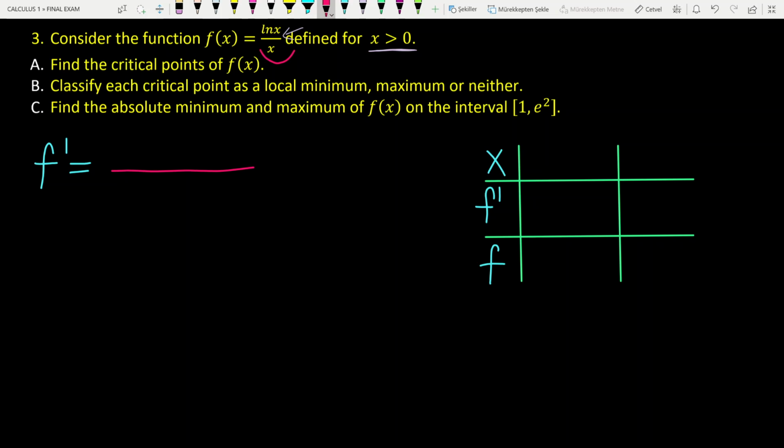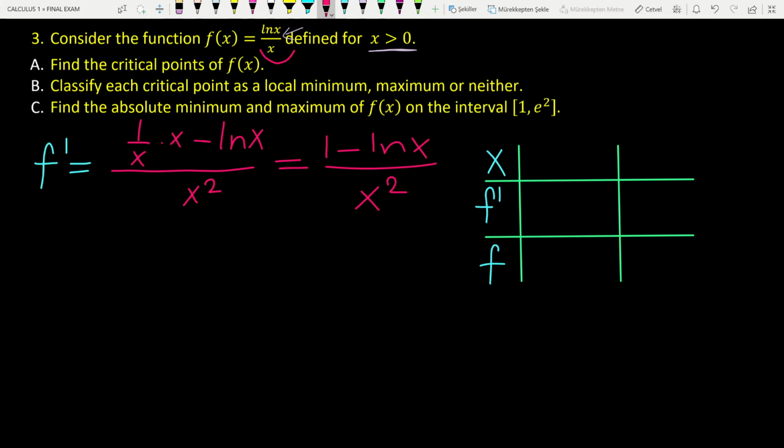For a rational function, derivative of the numerator times the denominator, 1 over x times x, minus the derivative of the denominator times the numerator, ln x, over x squared. Okay, so you have (1 minus ln x) over x squared.